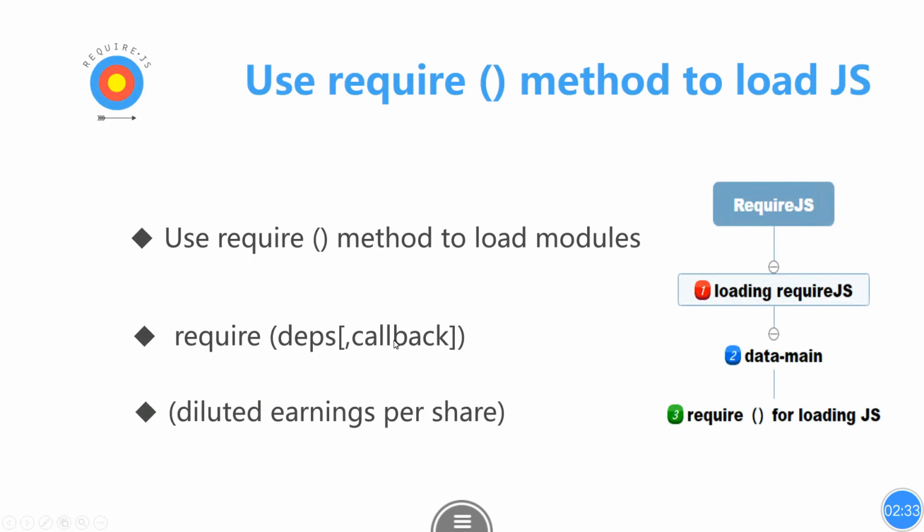And the second value is the callback method. When the require has loaded all your JS files, the callback runs. So the first thing is loading, and the second thing is the callback function.